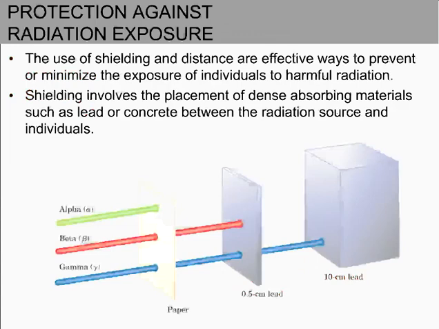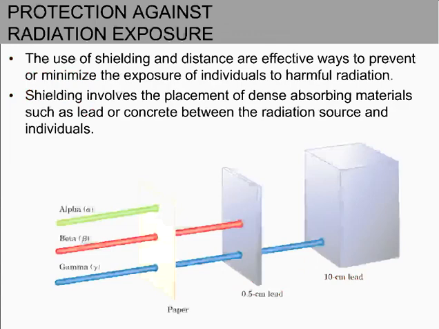Once it was determined that radioactive decay or radioactive activity is dangerous to humans, there were some protections put in place surrounding those elements. The use of shielding and distance are effective ways to prevent or minimize the exposure of individuals to harmful radiation.